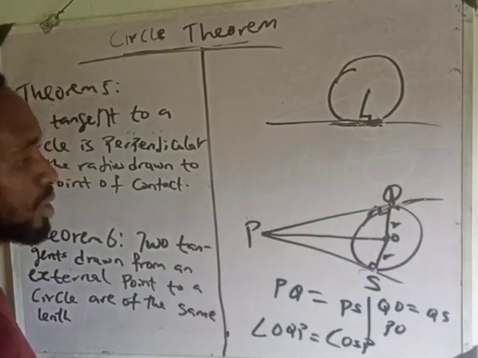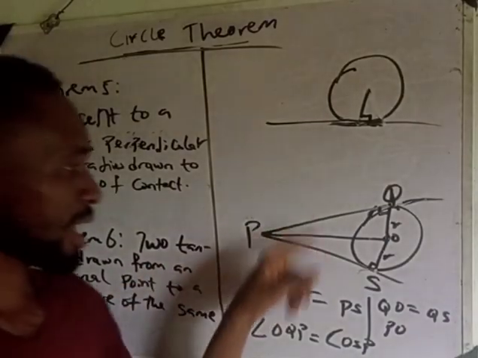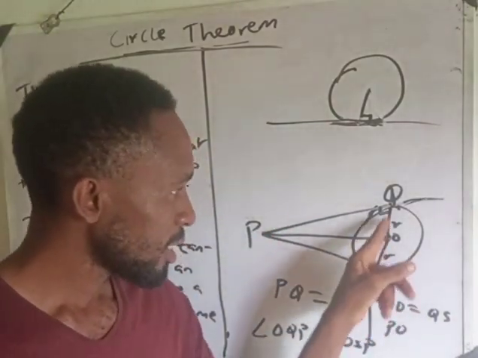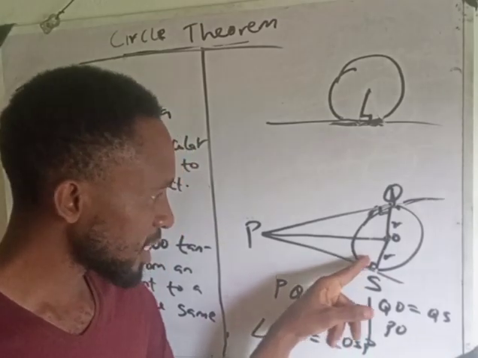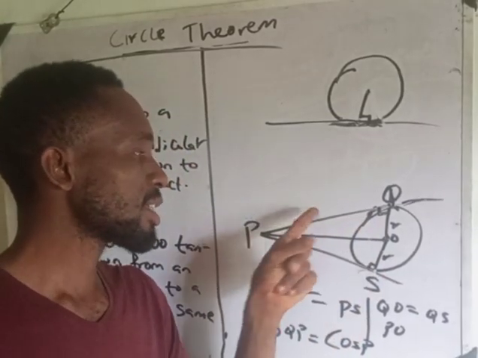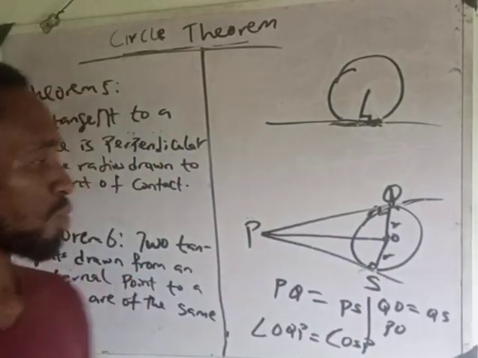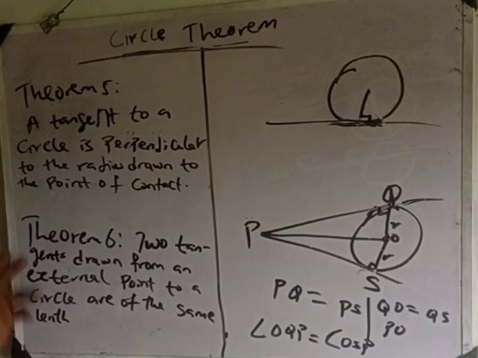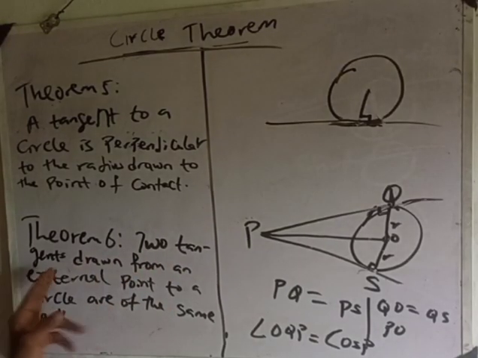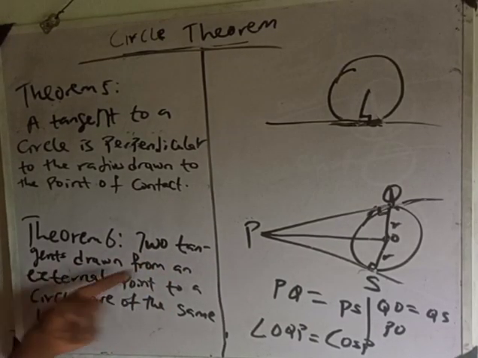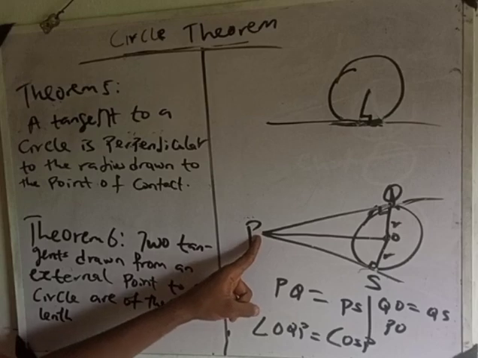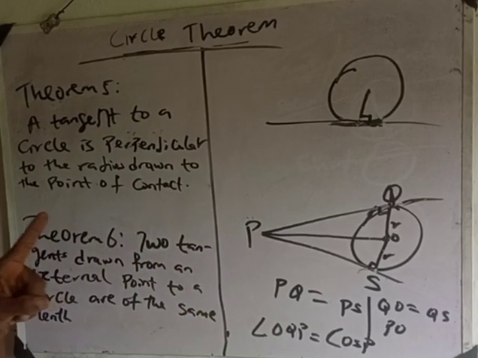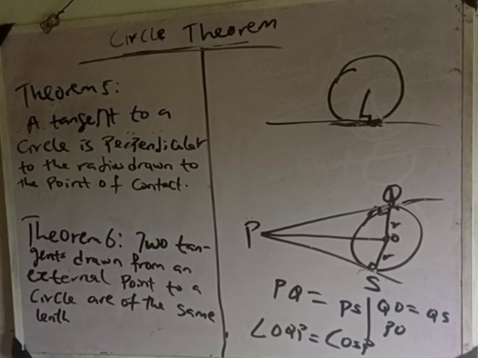What does this prove to us? It proves to us that these two lines are equal, because if this is equal, this is equal, this is equal, this is 90 degrees, this is 90 degrees, that means definitely these two are also equal. Is that okay? So the sixth theorem says that the two tangents drawn from an external point to a circle are of the same length.